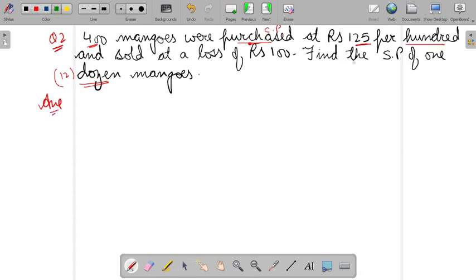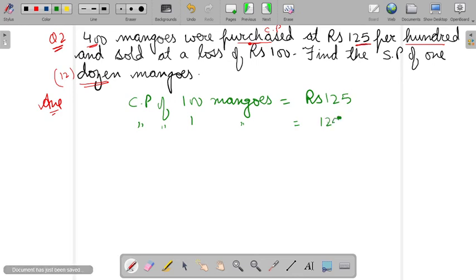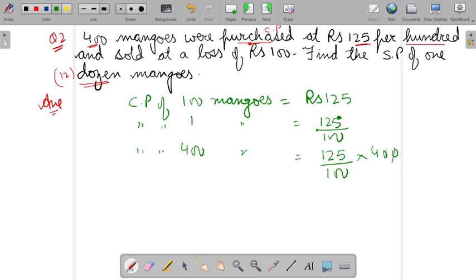In this question, the cost price of 100 mangoes equals rupees 125. So now we will be using the unitary method. You have to find out the cost price of 400 mangoes. So the cost price of 1 mango equals 125 upon 100, and then the cost price of 400 mangoes, since he has purchased 400 mangoes, is 125 upon 100 multiply 400.